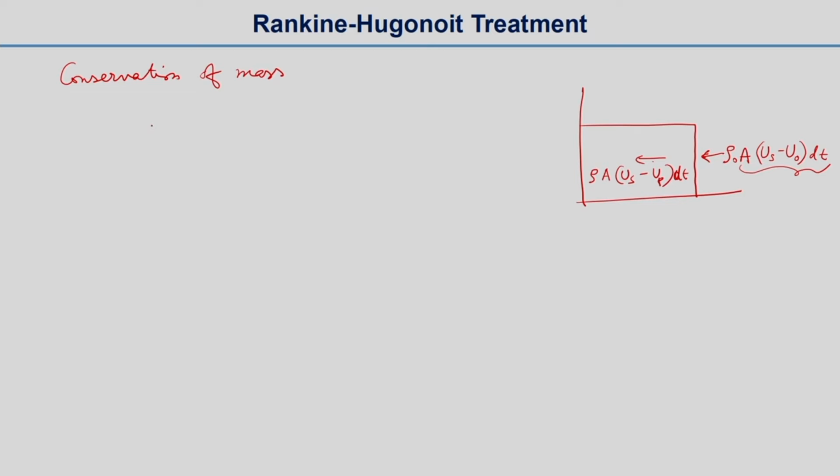So now for conservation of mass we can write rho naught A US minus U naught dt is equal to rho A US minus UP dt.